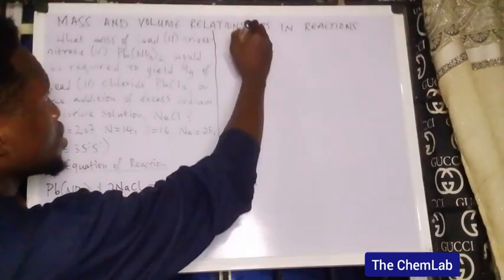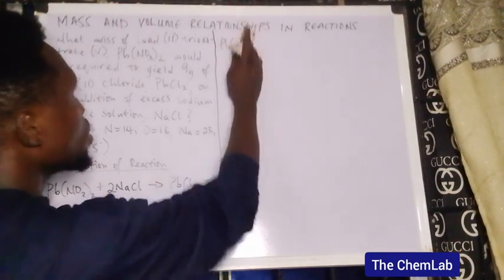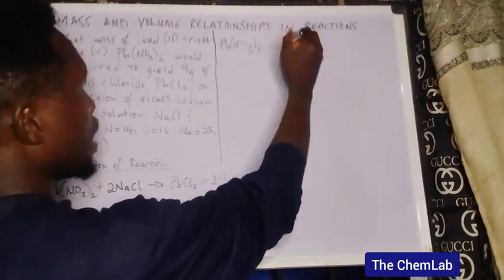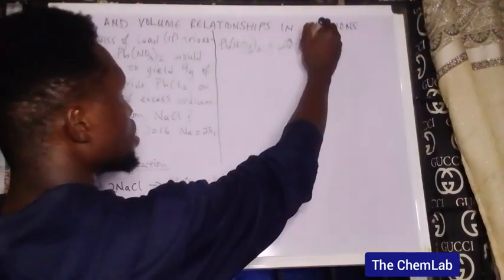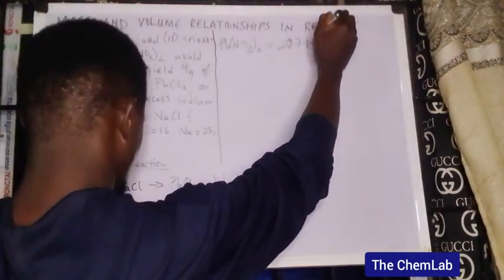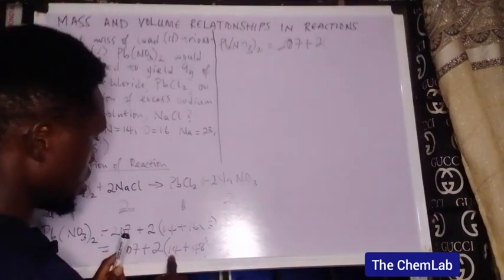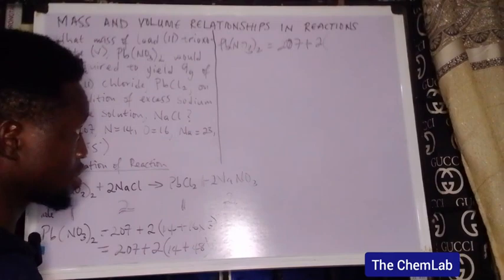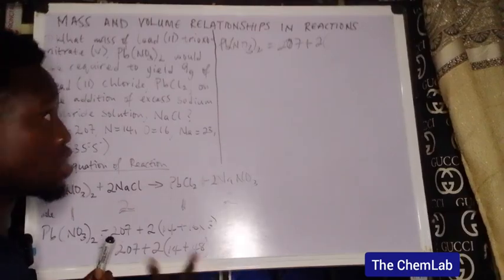Then we have, still on Pb(NO3)2, 207 plus 2 times, 14 plus 48, that will give us 62.